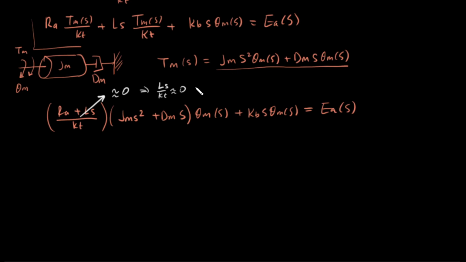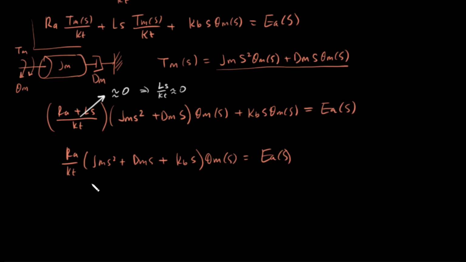And when we do that, we can simplify the equation a little bit, and we can just say that the motor dynamics are just Ra over Kt times Jm s squared plus dm s plus kb s theta m of s is equal to Ea of s.